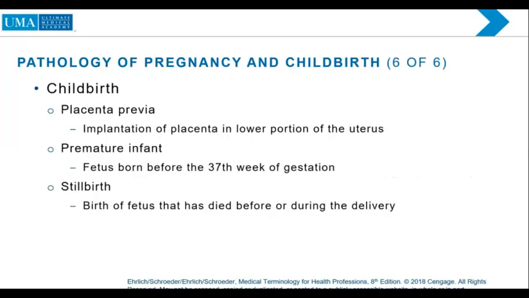Placenta previa. Implantation of the placenta in lower portion of the uterus. Premature infant. The fetus is born before the 37th week of gestation. Stillborn. This is the birth of a fetus that has died before or during delivery.